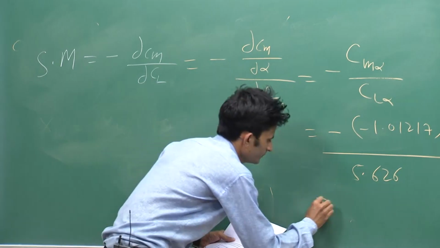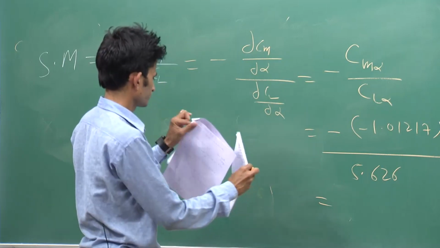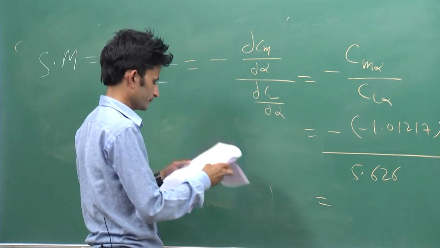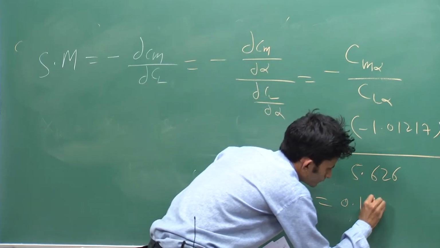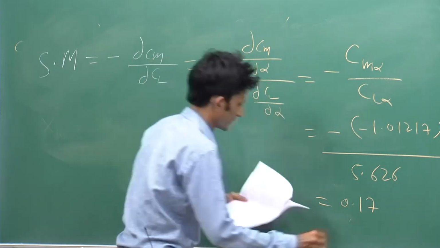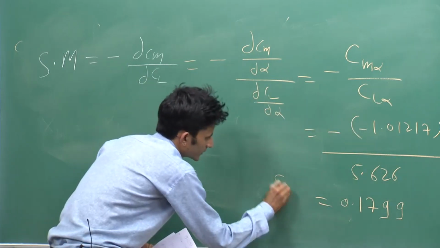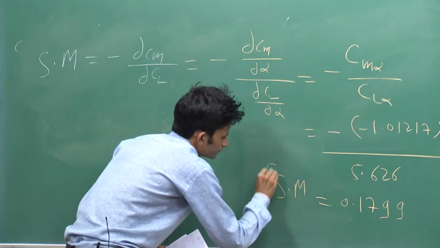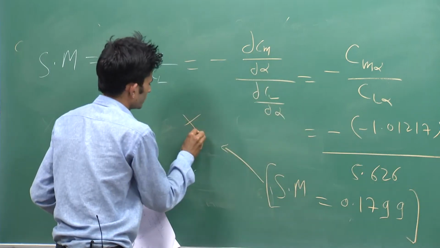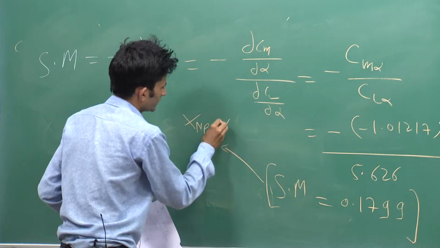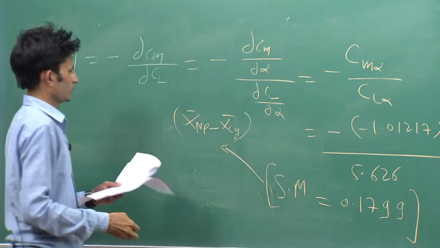So your answer will come 0.1799 static margin, which is also the distance between neutral point and xCG with respect to the mean aerodynamic chord.